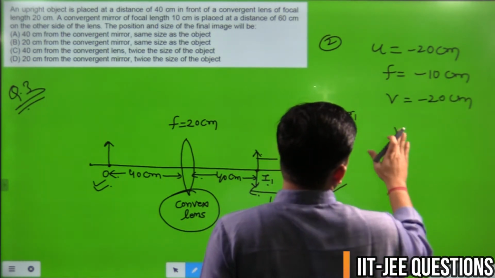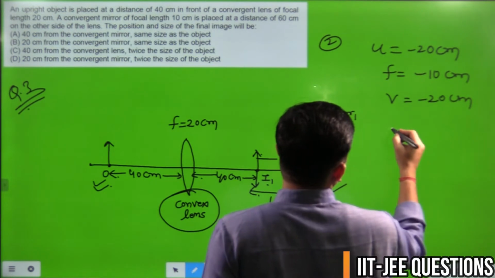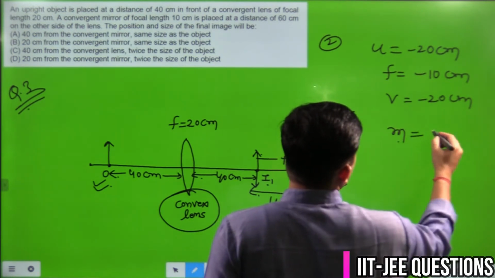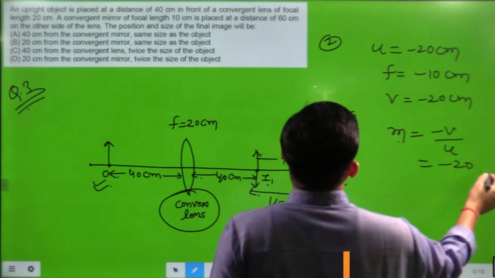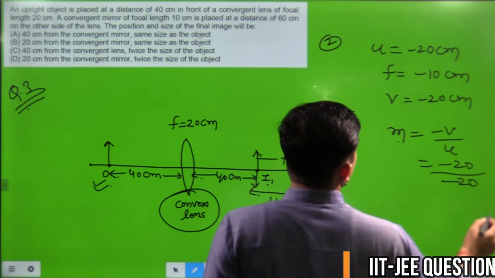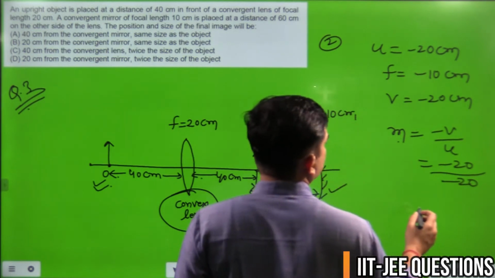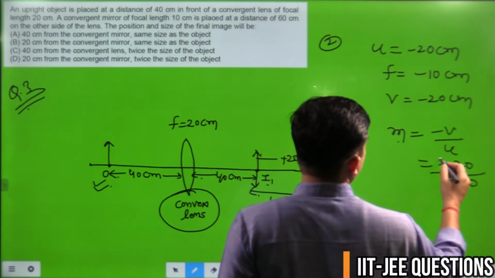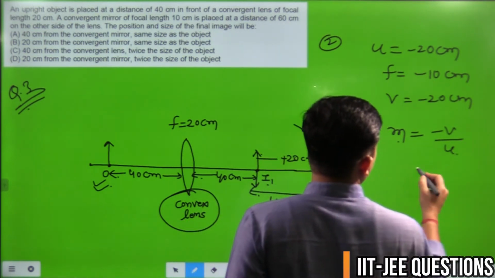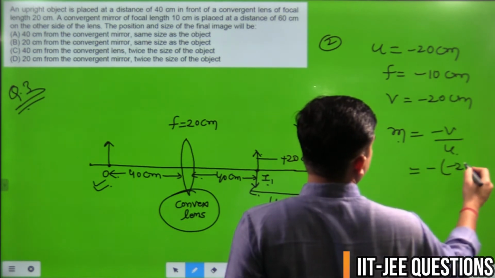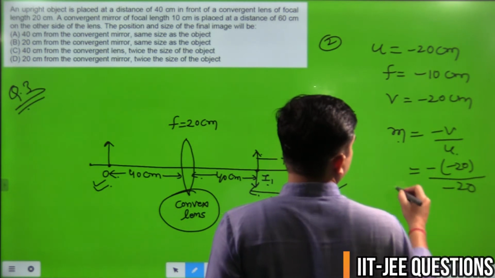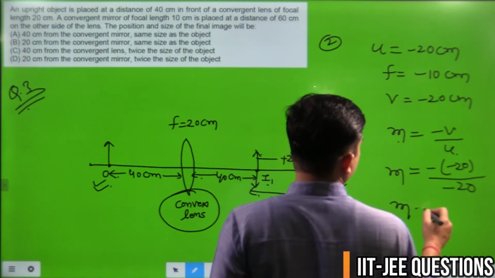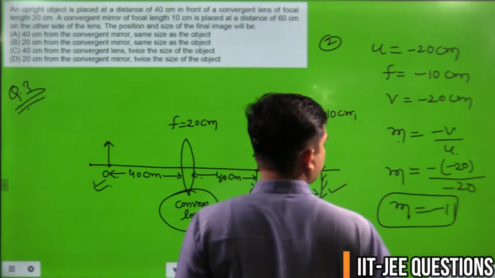In case of a mirror, the magnification m equal to minus v by u. It means what? -20 by -20, -20 upon -20. It will be again -1.